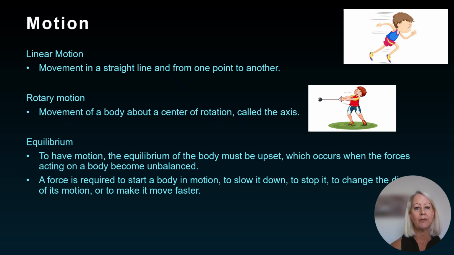Now, rotary motion or angular motion is a type of motion that occurs when an object or body segment moves around a central axis or pivot point, much like what you see here in this picture.